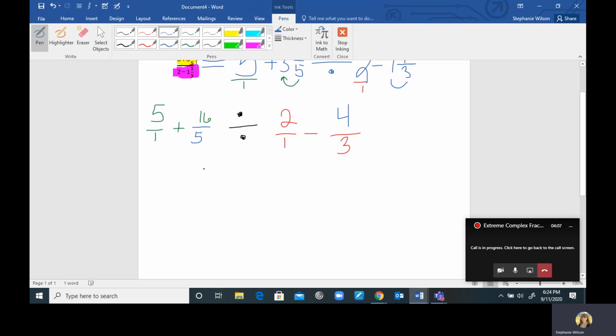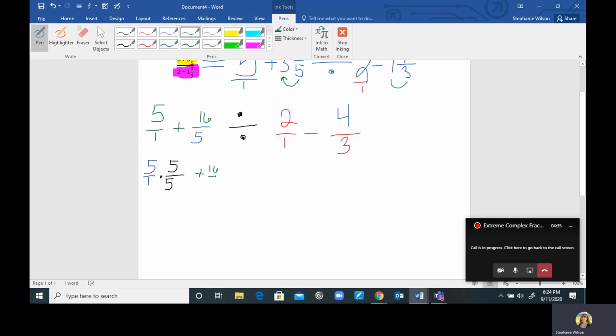So 5 will be my least common denominator. That means I only have to change this one fraction. I got to find what it will take to make 5 in the denominator. That means 1 times what? Well, that's 5. And what I do to the bottom, I do to the top. And then we go ahead and bring down the rest of this equation.